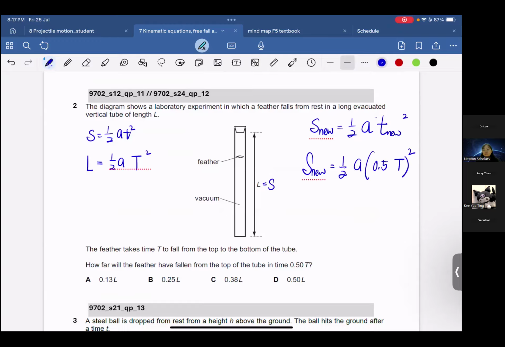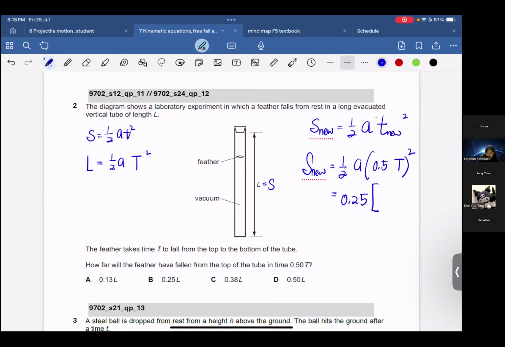Okay, try. B, correct. Yes, the answer will be B. This one is actually testing your mathematics, how you solve it. Here, 0.5 squared actually gives you 0.25.